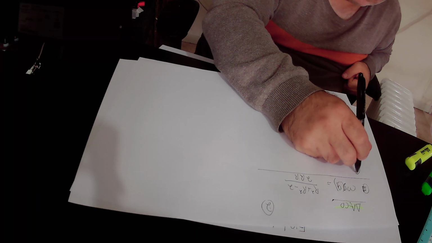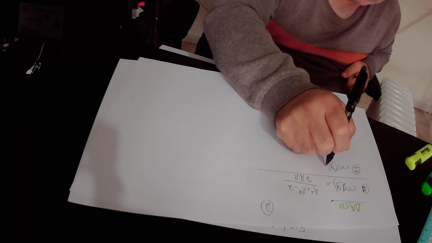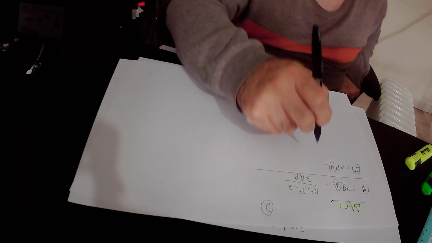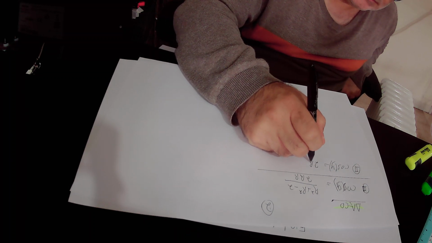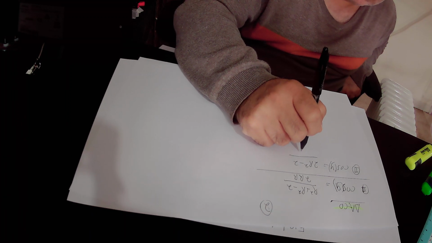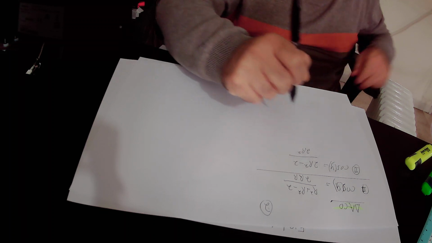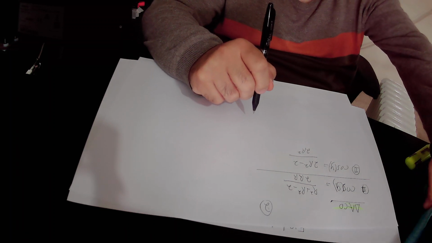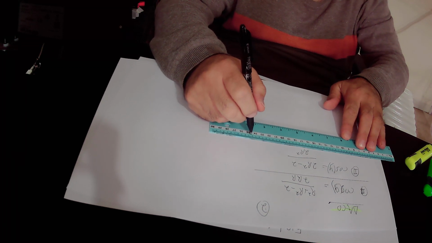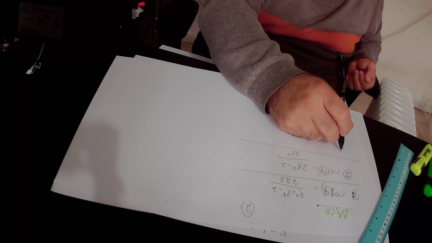So cosine y equals r squared plus r squared, which is 2r squared, minus 2 over 2 times r times r, which is 2r squared. In the next step, we'll split this expression into 2 parts.